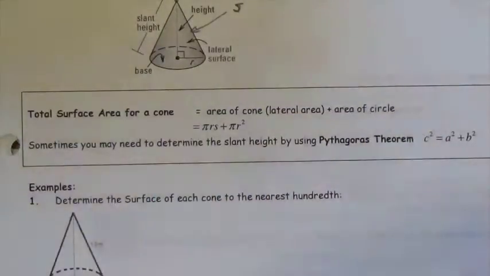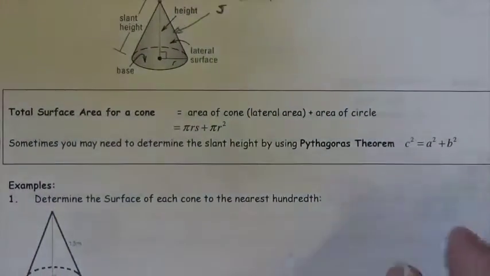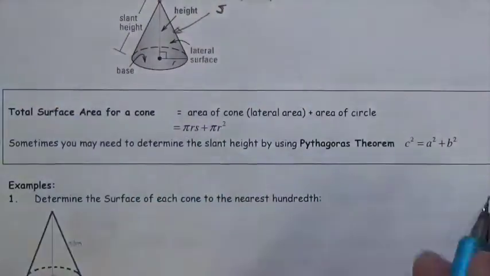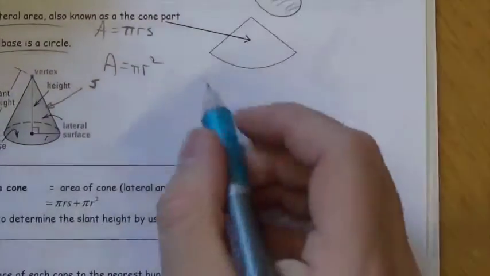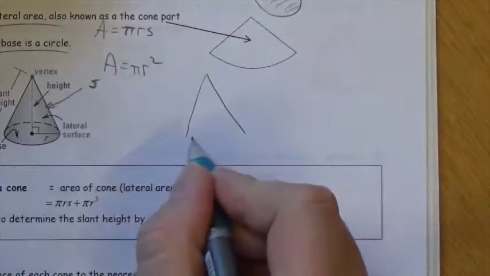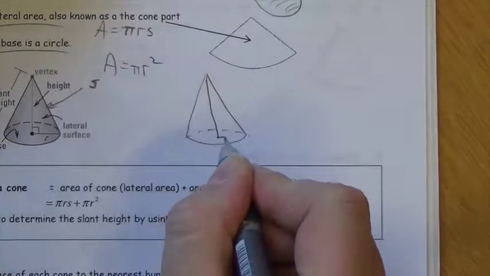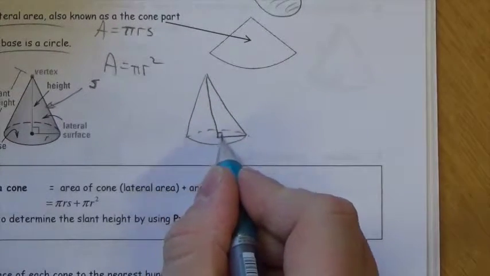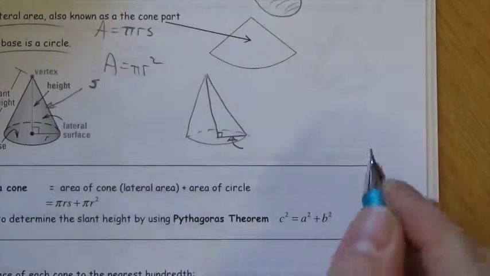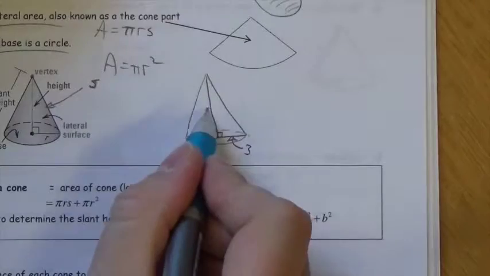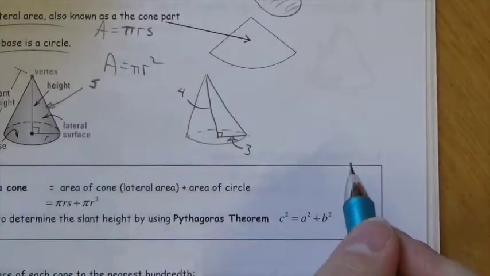Now, you have to be aware that in a lot of cases you aren't going to be given all of the information that you need immediately to plug into this. Oftentimes you're going to have to use the Pythagorean theorem. To illustrate what I mean, let's say you've got a cone. Oftentimes you will be given this distance right here, for example. Let's say that this is 3, and you'll know the height of the cone. Let's say that's 4.